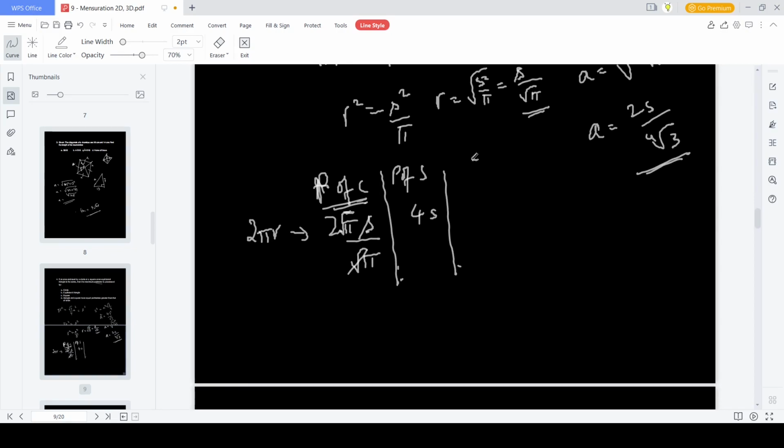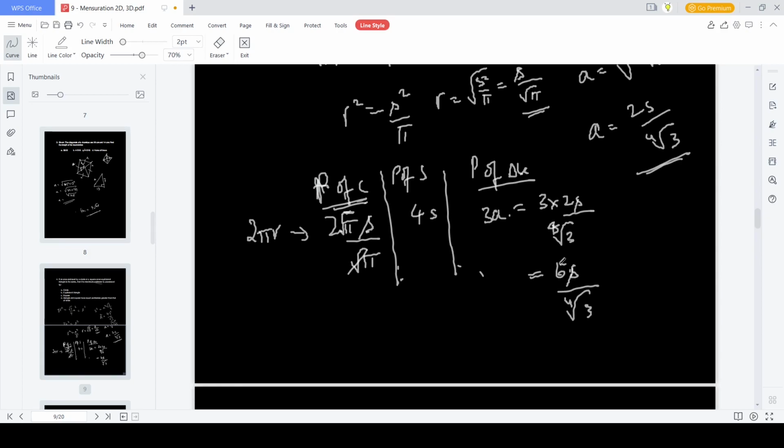Perimeter of the triangle will be 3 into side length, right? So 3 into 2s by fourth root of 3, which I can write as 6s by fourth root of 3 itself. Now we need to analyze.